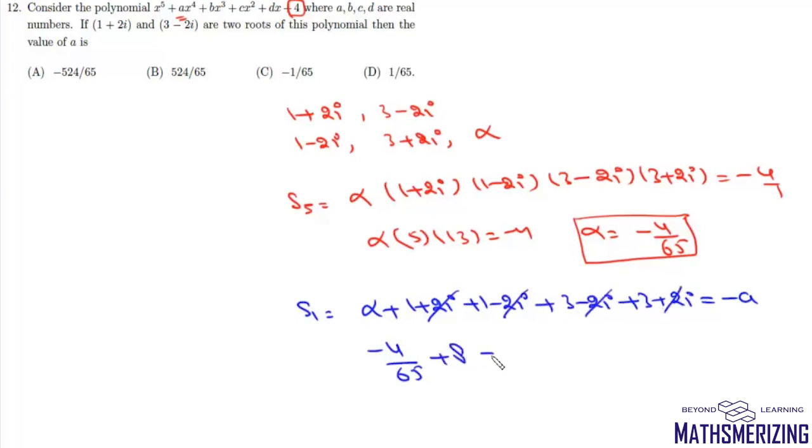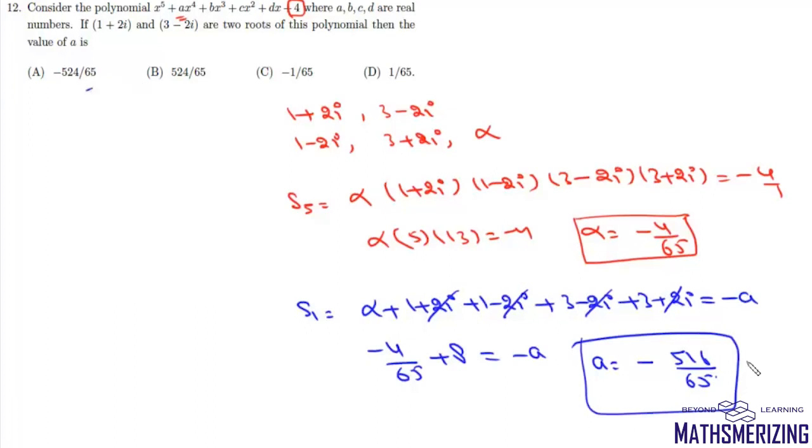So plus 8, and this is equal to minus a. So it will be 520 minus 4. So that should be minus 516 upon 65. So the answer to this question should be minus 516 upon 65. I do not know why they have given minus 524 upon 65. The answer should be minus 516 upon 65, and that is the answer to this question.